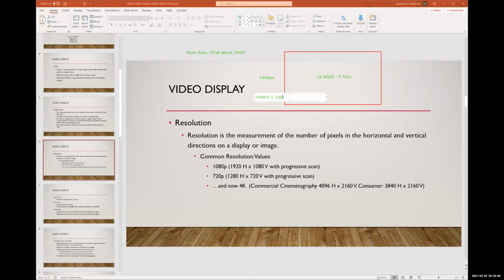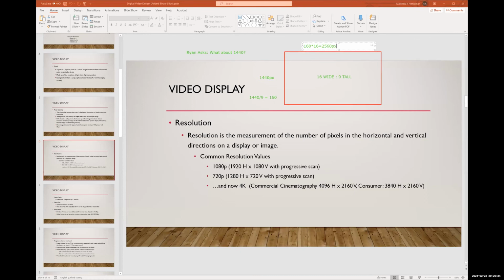And if the display has a 16 by 9 aspect ratio, then the width is going to be the 160 that we derived times the 16 portion of the aspect ratio, which gave us the 2560 pixel width.